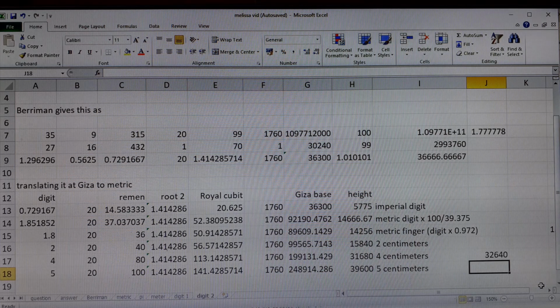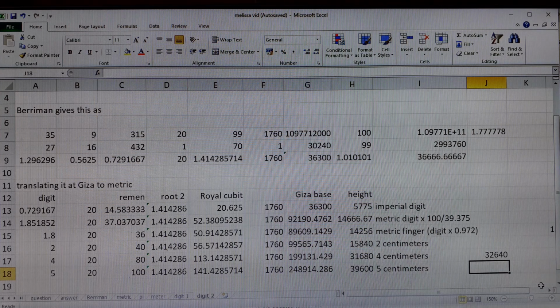But we can see from the fact that he's worked out this 39.375 metre, but not known what was happening on the other side of the coin, on the metric side. He didn't understand this at all. There's absolutely no way that he could have made this up or cheated, because it's there and we found it. So I think Neal has done Berriman a really bad disservice.